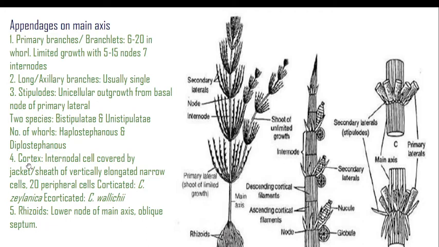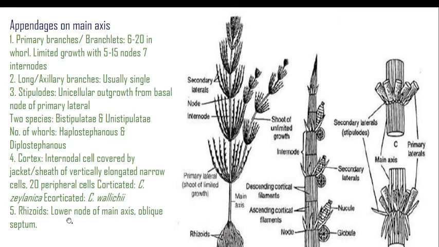Then it possesses a cortex. This cortex is an internodal cell covered by jacket or sheath cells which are arranged in a vertical manner, and they possess near about 20 peripheral cells which are corticated. Such a condition is found in Chara zeylanica, which is called corticated, and ecorticated, that is Chara wallichii.